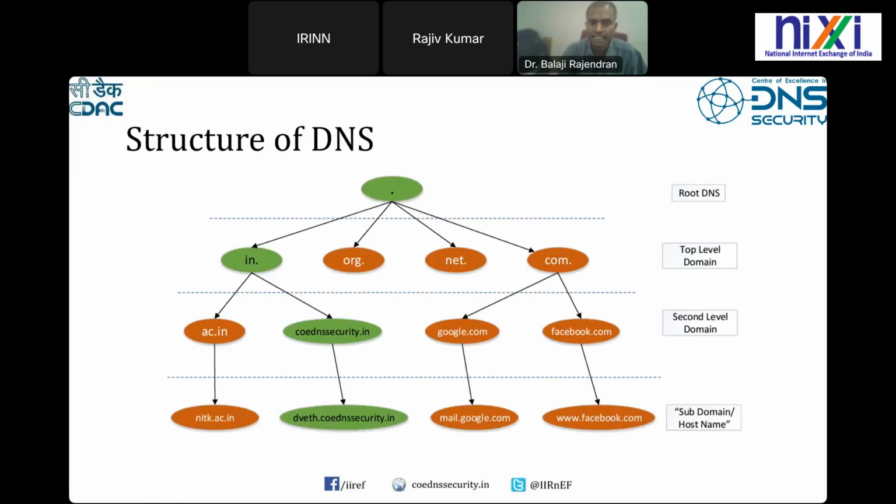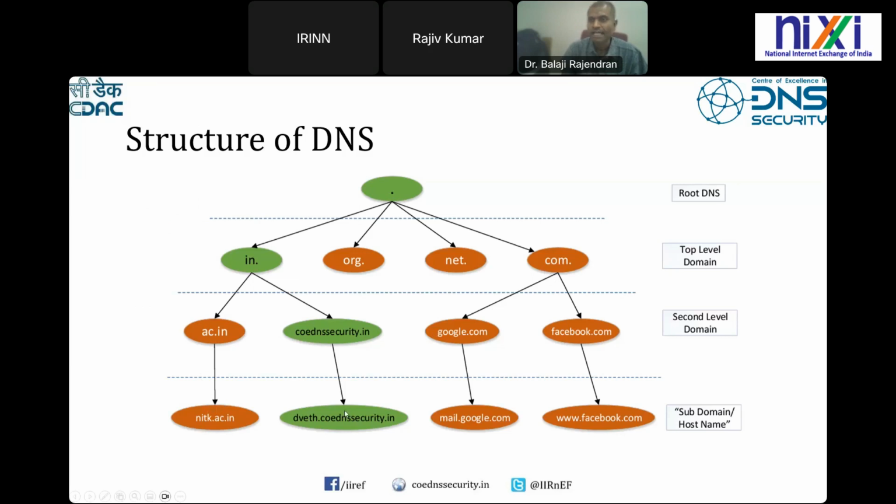As we put up the structure of the DNS, you start with the root server, and then there is in, org, net, com, and then COEDNS security, google.com, facebook.com, ac.in, everything is there, second level domains, and further subdomains and host names.